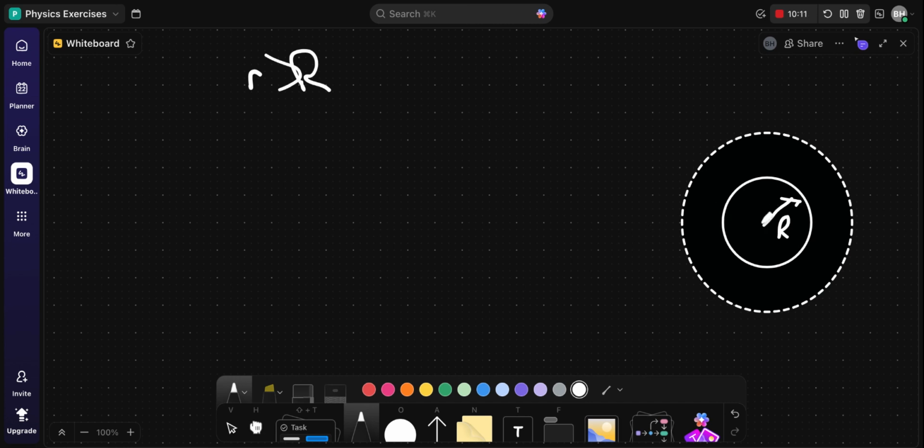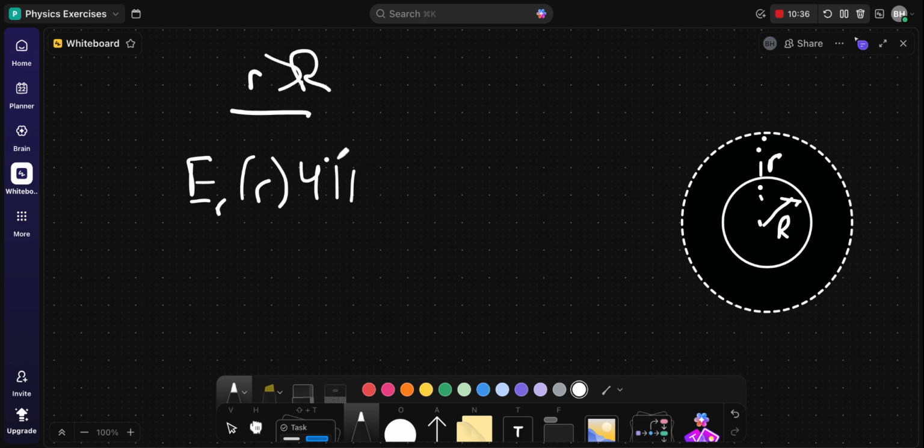But my Gaussian surface, so recall now that we are outside of the sphere, has a radius of small r. And now again we write Gauss's law, but the left-hand side of Gauss's law we already know. The left-hand side is E_r times 4 pi r squared.